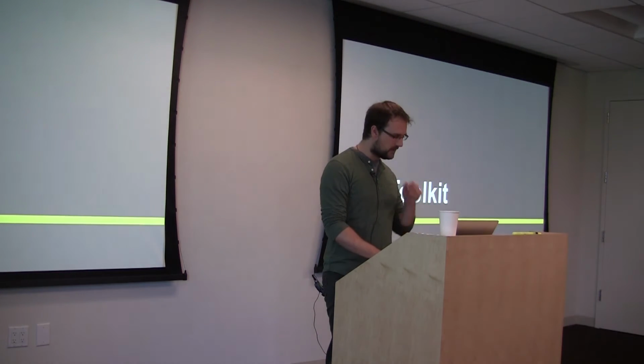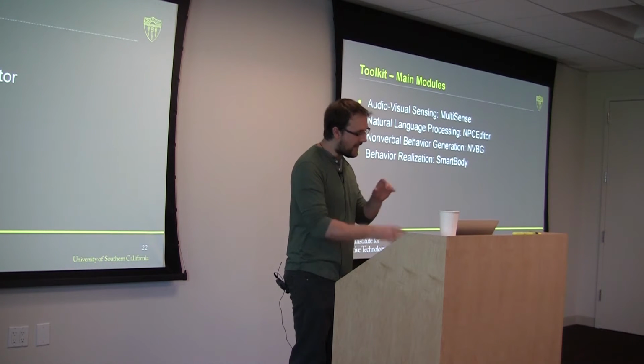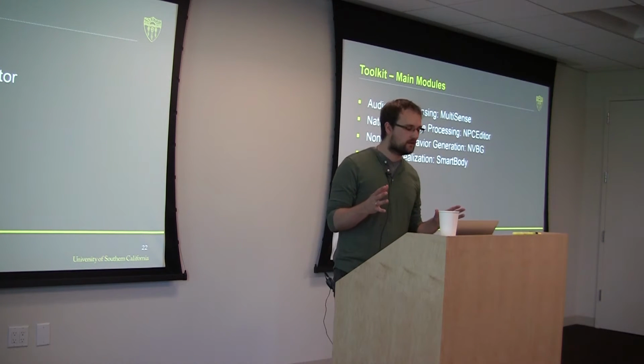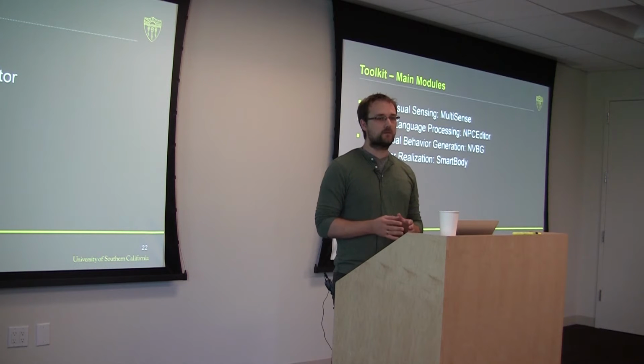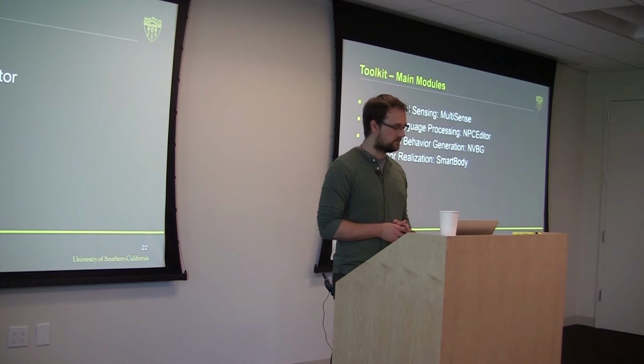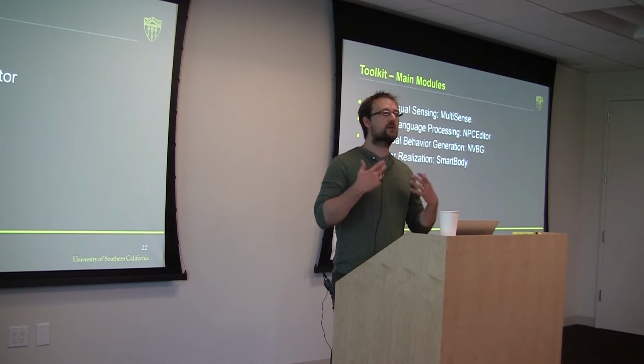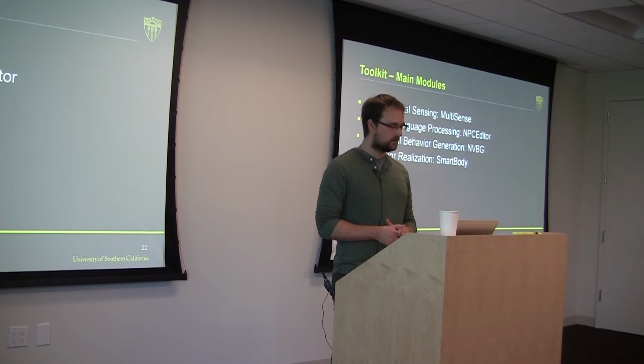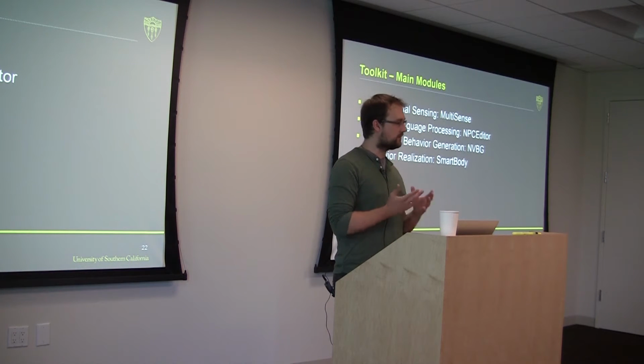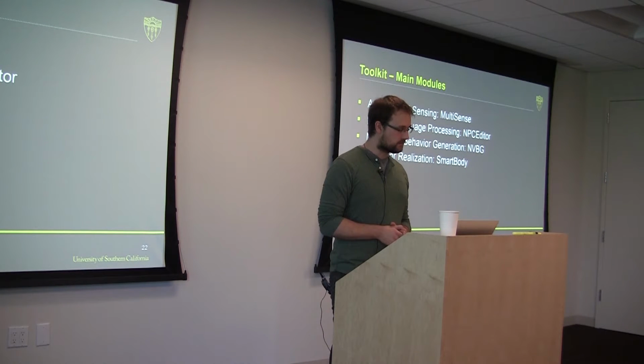Cool. Now, the toolkit then has a couple of main modules that we created here at ICT. For audiovisual sensing, we use Multisense, also used in SimSensei. The Npc Editor I mentioned, natural language, statistical text classifier. We generate nonverbal behavior on the fly with the Nonverbal Behavior Generator, NVBG. And we have a behavior realization, our animation system, which is called SmartBody.